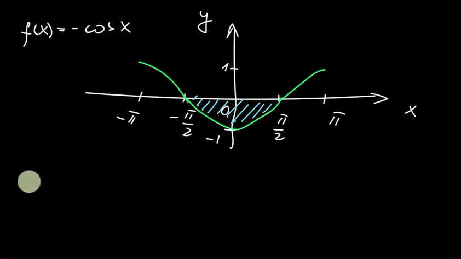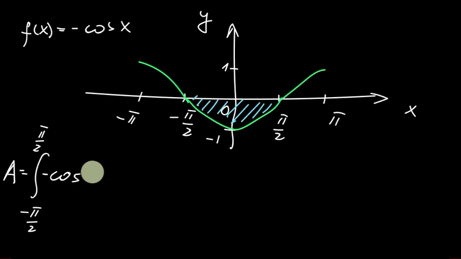So let's do that. The area is an integral from minus pi over 2 to pi over 2 of minus cosine of x dx.